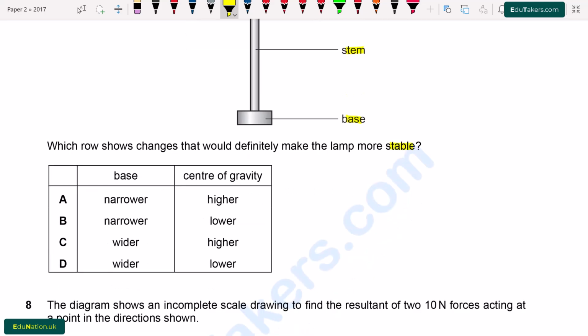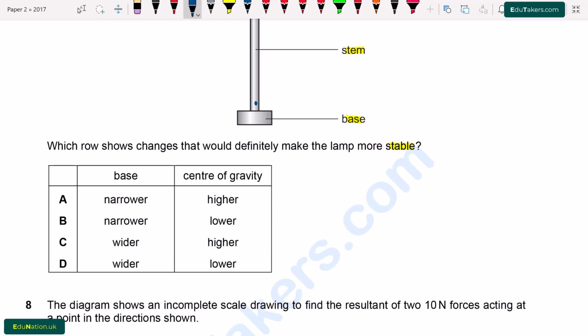We have to make some changes so that it is in a more stable position. To get more stability, the center of gravity should be lower. If we lower the center of gravity, this lamp will gain stability. Next, we also have to widen the base. If the base is wider, the lamp will be in a more stable position.